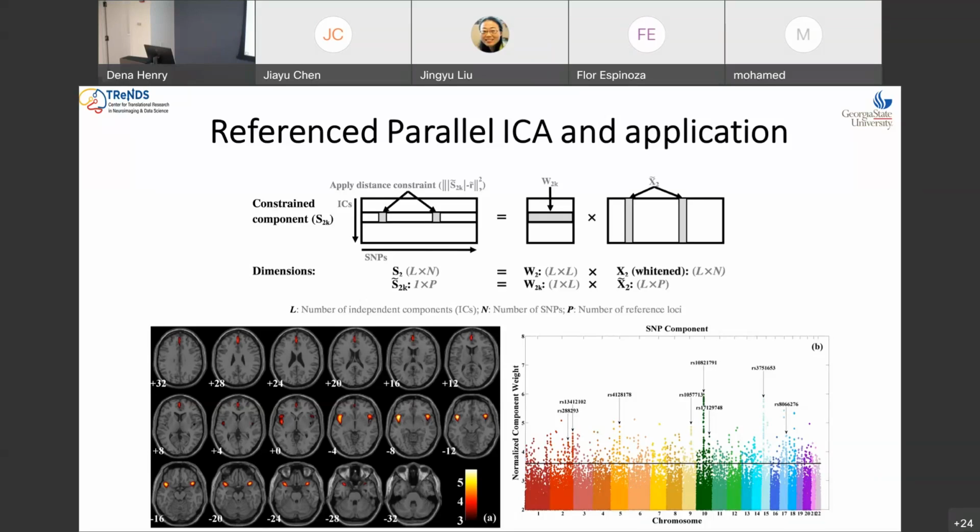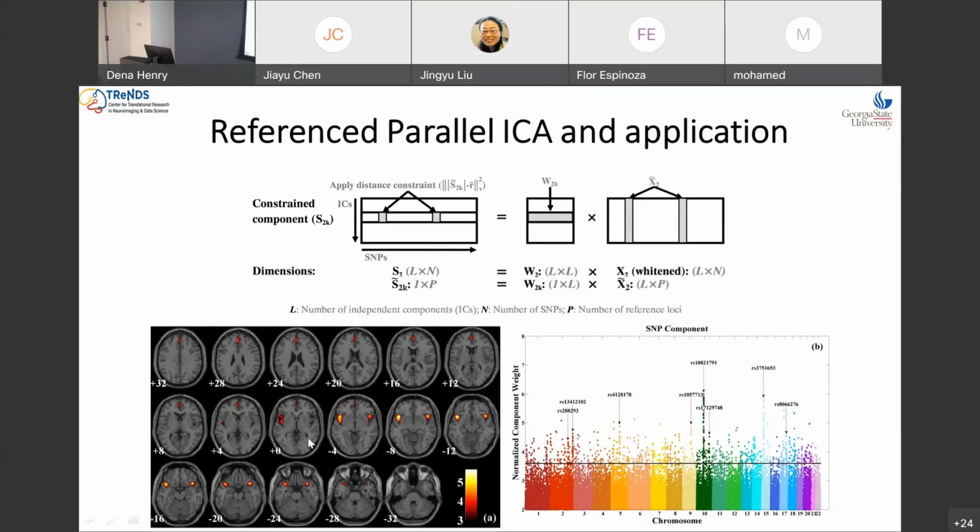It's not just that these reference SNPs will be highlighted; it's expected that they will help elicit other SNPs interacting with them to also be important in the resulting component. So it's also a semi-blind approach. We applied this approach to a dataset of genomic SNPs, about 600K SNPs, for fusion with, again, 400K gray matter voxels. And we had a different linked pair here.